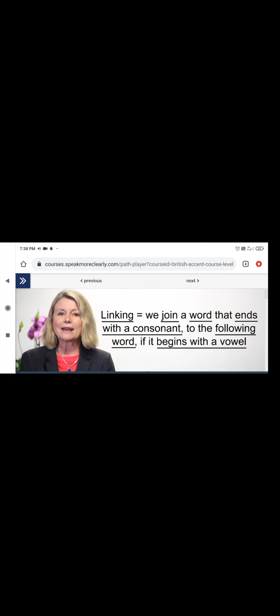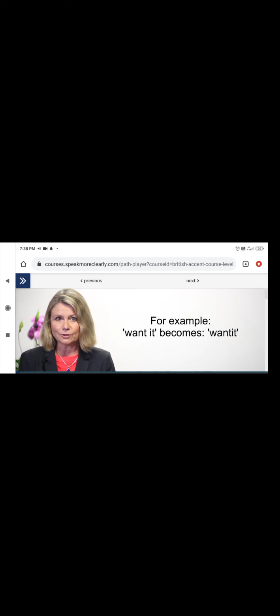Now we'll talk about linking. Linking is when we join a word that ends in a consonant to the following word if it begins with a vowel. For example, want it becomes want it. Let's say a sentence using these words without the linking and then with the linking.